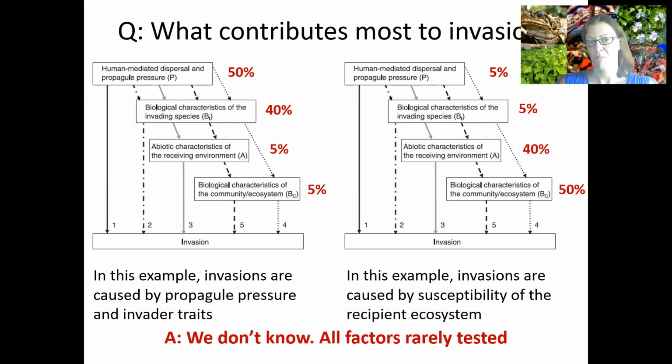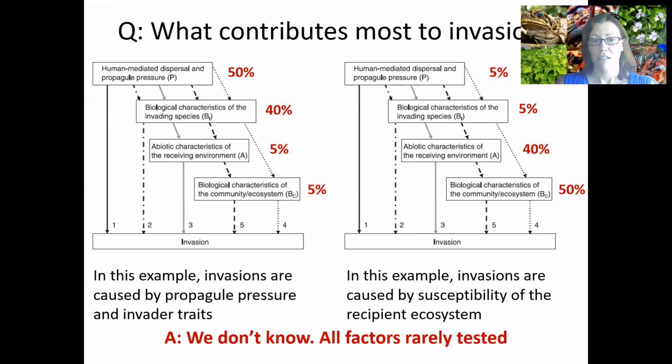It could be that propagule pressure matters a little, traits matter a little, but really what's important is having good characteristics of the recipient environment. It's all about the recipient ecosystems, the abiotic characteristics, and the biotic characteristics.